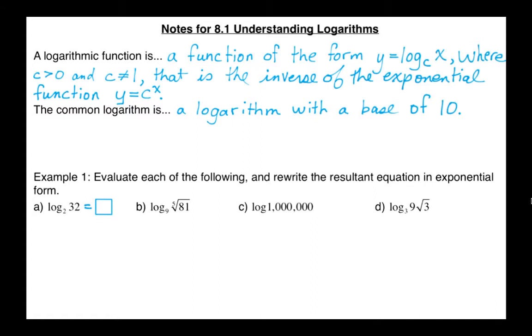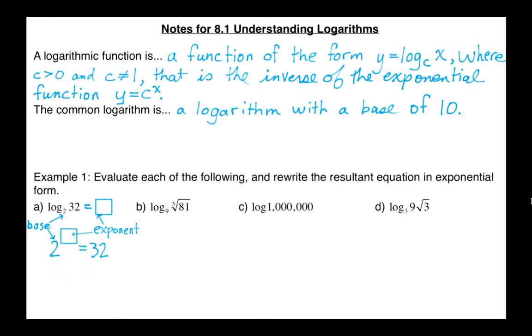Here's what you do. You do 2 to the power of something equals 32. We refer to both of these 2's as bases. So when I'm reading this off, I call it log base 2. Just like here, this 2 is the base of this power, 2 to the something.